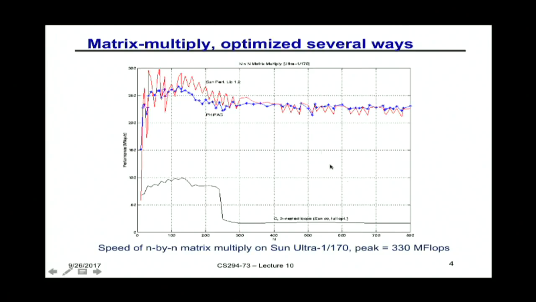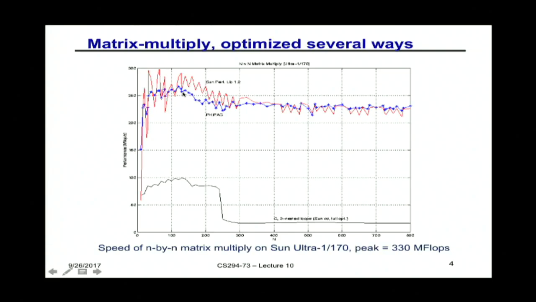And then in this picture, there are 2 more curves. One is the blue one, one is the red one. The blue one is a package called PHiPAC, which does some auto-tuning, which we'll cover in this lecture. Instead of a simple triple nested loop, it uses blocking and a lot of techniques.